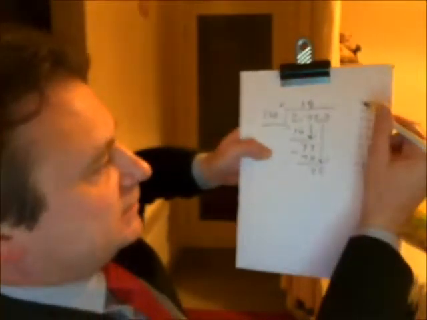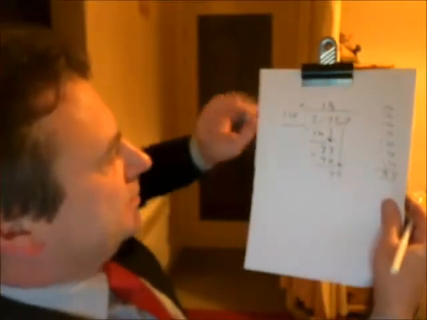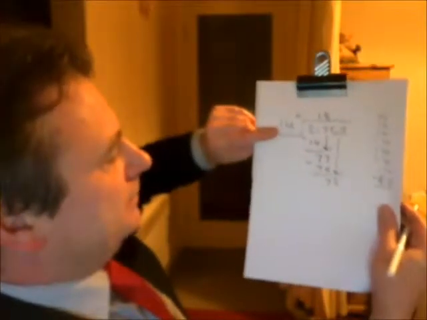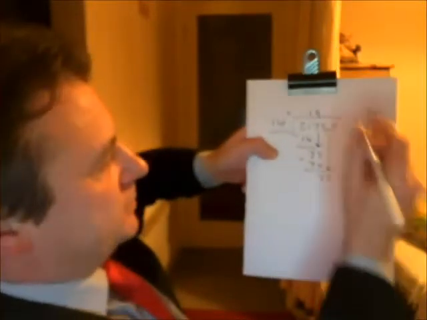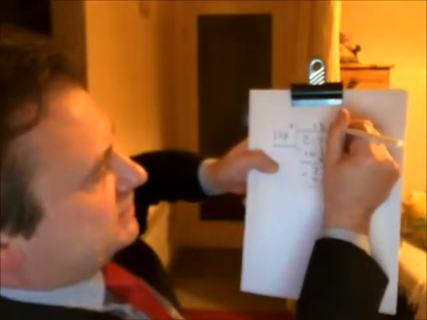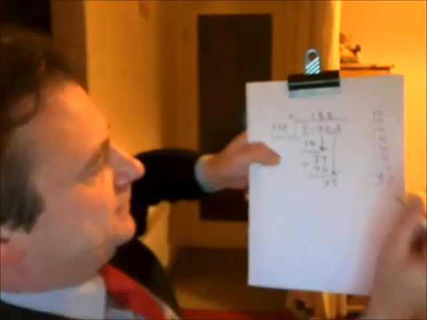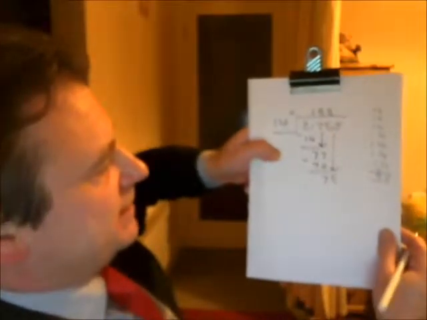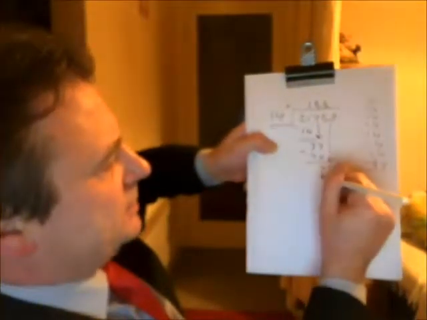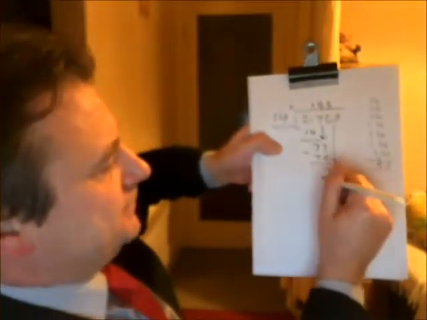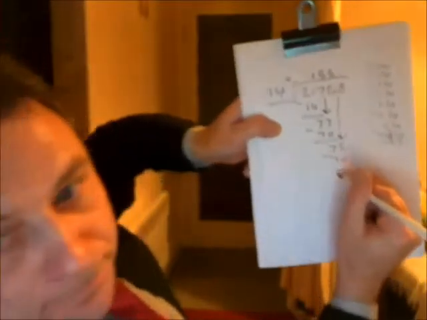Well, it's going to be 5 times again, isn't it? Let's put the 5 up there. So once again, 5 times 14 is 70. The little minus sign.